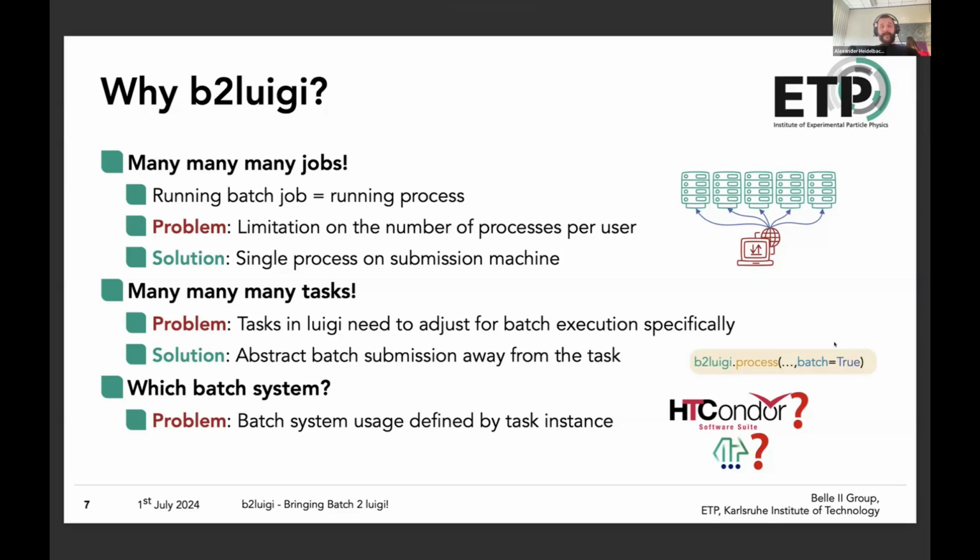So I could have, for example, access to an HTCondor queue, but also to LSF, and to change between different batch submission systems, at least a few years back, was very difficult in Luigi. In b2luigi it's possible with only a single config variable. So you can say I want to run on HTCondor, change one line of code, and it will run on LSF, for example.